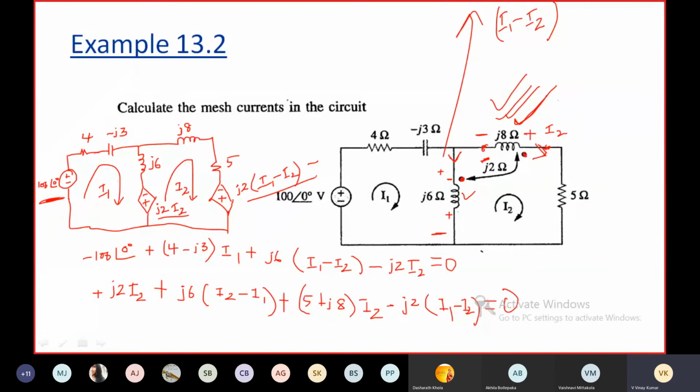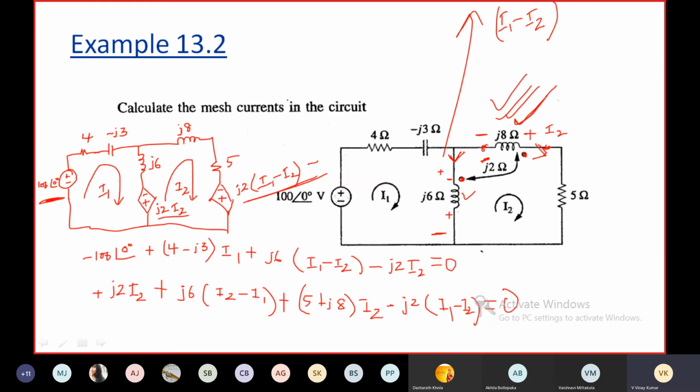Similarly, you find the mutual induced EMF in coil 2 based on the direction of current, whether I1 minus I2 is entering or leaving the terminal. Coming to the polarity of mutual induced EMF in coil 2, the current flowing is I1 minus I2.